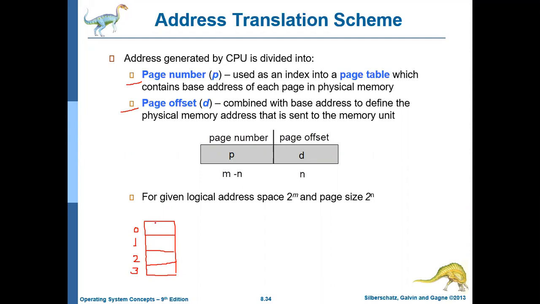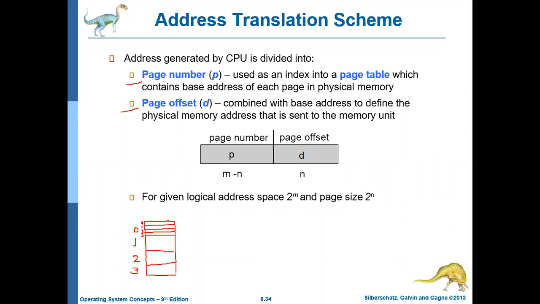Offset means the location inside the page. This page is again divided into different offsets, so we can divide this like 0, 1, 2, 3. Further division will be there inside a page, which is defined by this offset value.